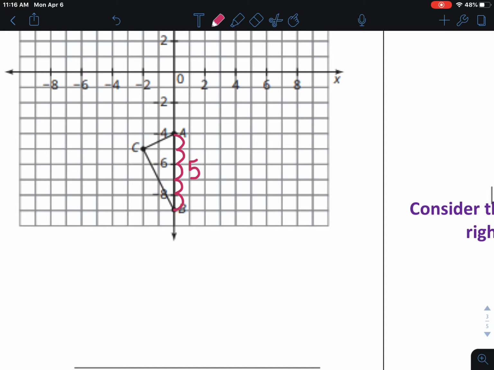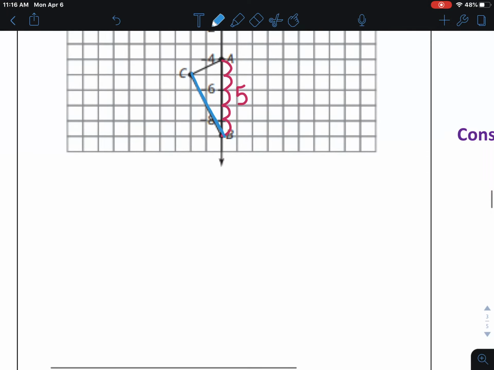And then for BC, this line right here, I'm going to change colors. I can't just count squares because this is a diagonal line. It's going through the boxes not evenly. Okay, so I do need to use the distance formula.